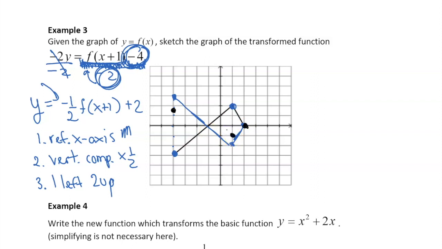So each of those y values become half of what they were before. And then we want to go 1 left and 2 up for our final. And you're going to get that right there.